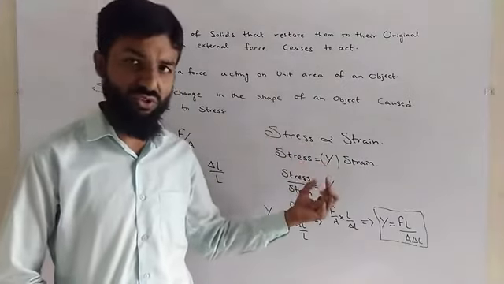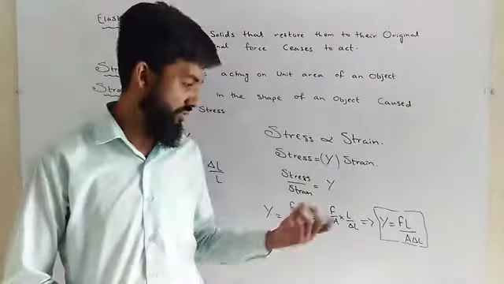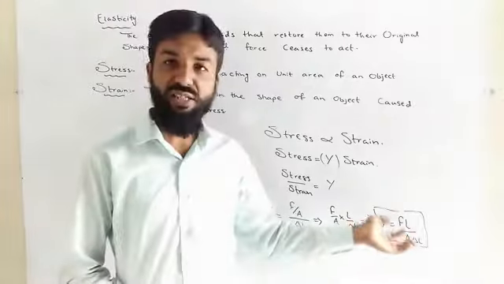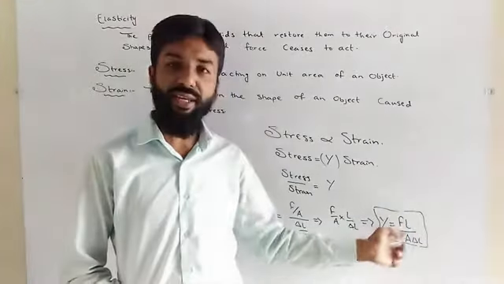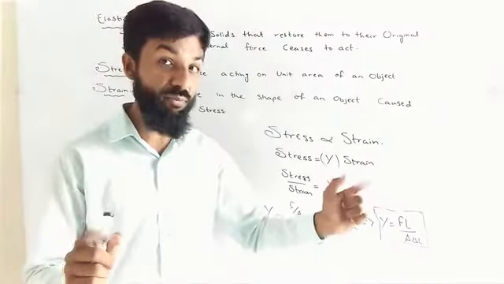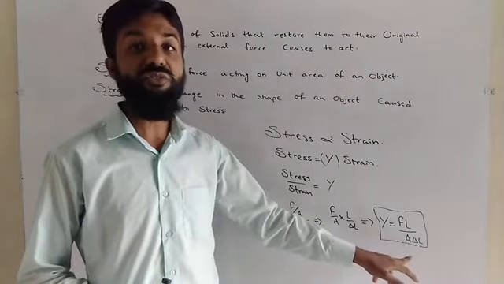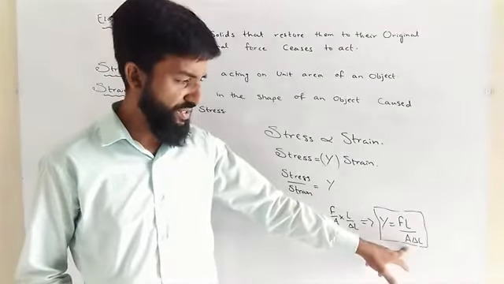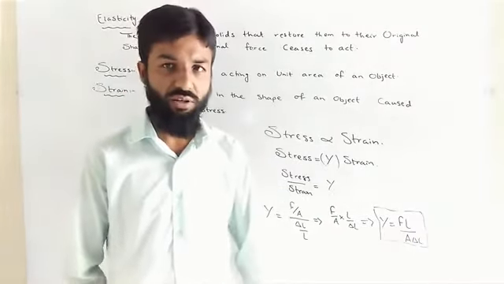The constant is known as Y, and the formula for Y is F into L divided by A into delta L, where F is the force, L is the original length of the body, A is the area of the substance, and delta L is the change in length.